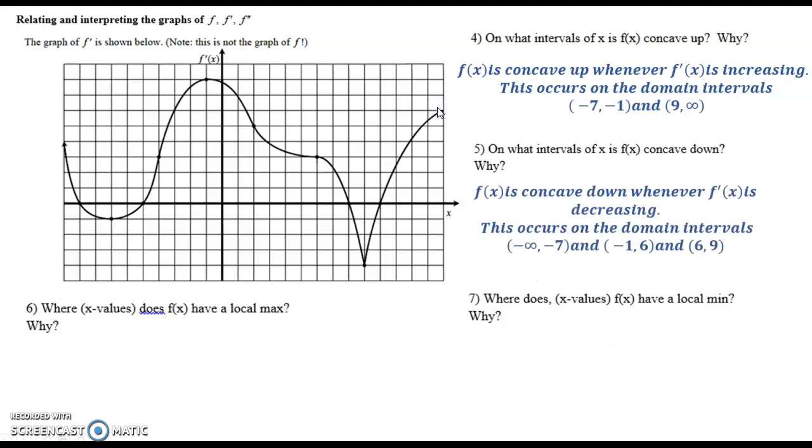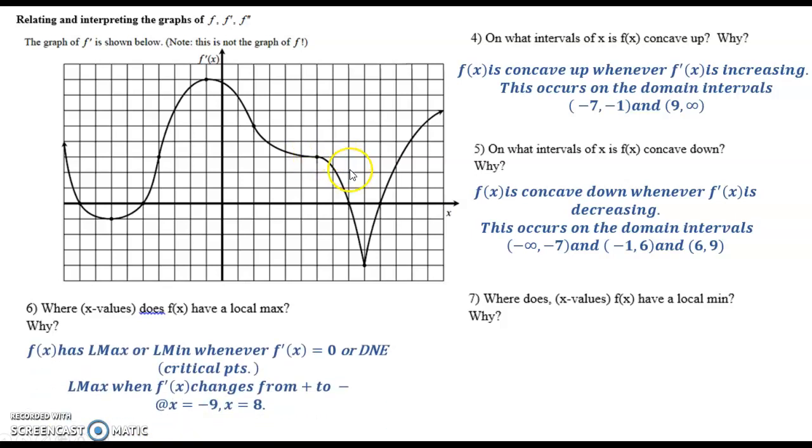Just the opposite with concave down, wherever the derivative curve is decreasing. So that would be from -∞ to -7. And then we would say from -1 to 6. Notice at 6, it looks like the derivative levels off there a little bit. It doesn't change here for a second, but then it goes back again. Oops, I'm sorry.